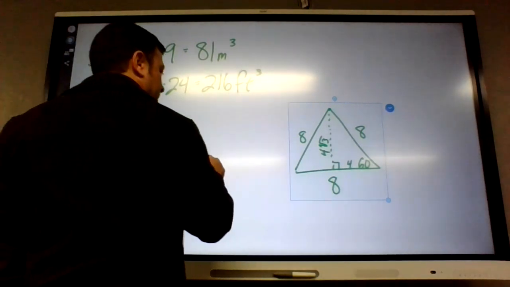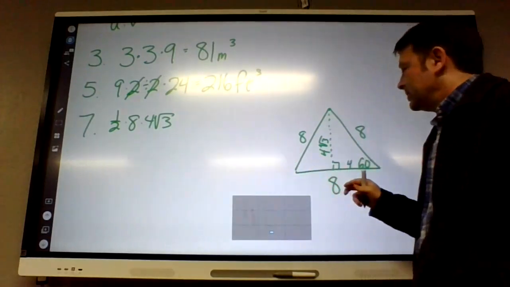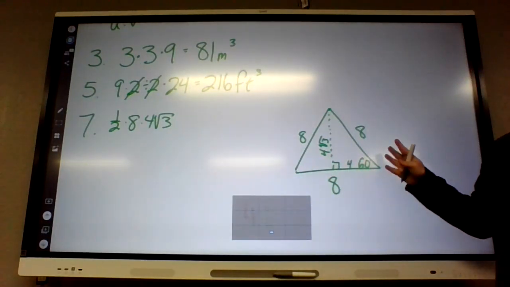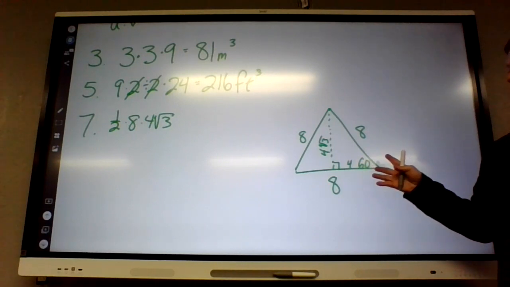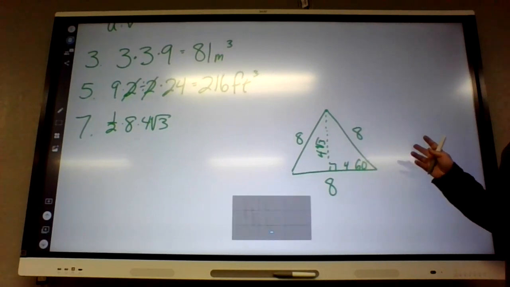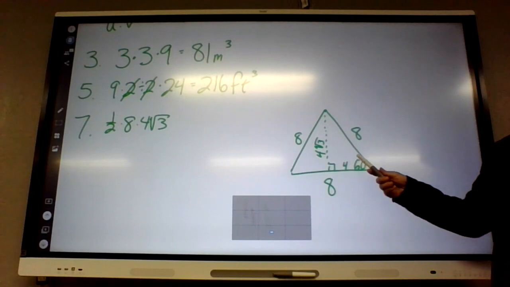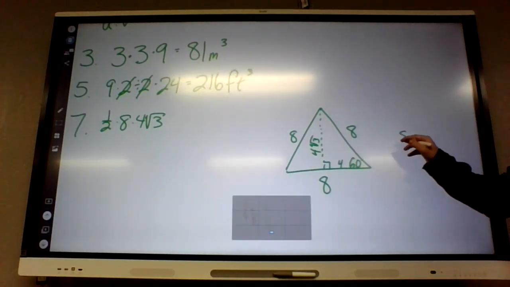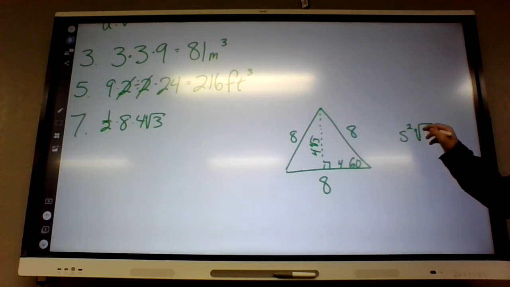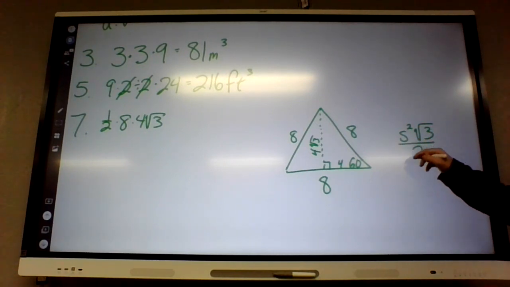Okay. Now, there is a formula for equilateral triangles, and so if you don't like the special triangle trick, I guess you could try to remember this. It's side squared times square root of 3 over 2.